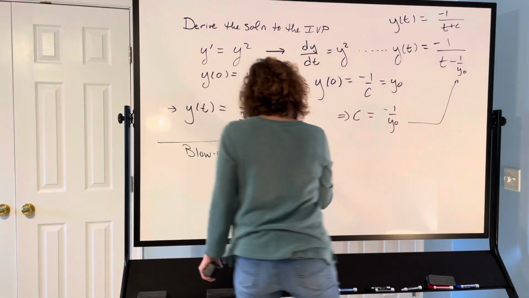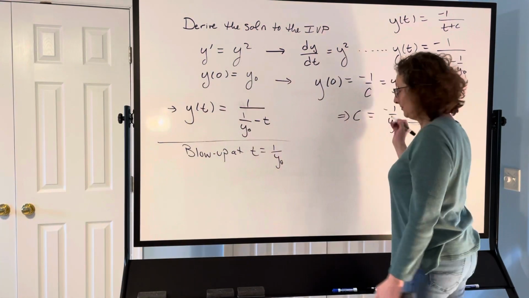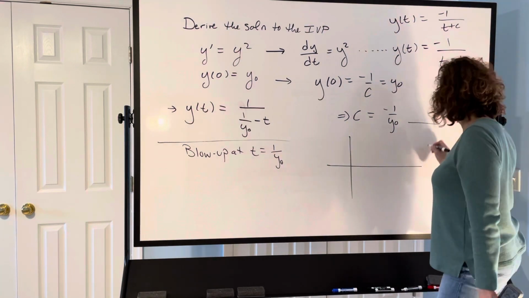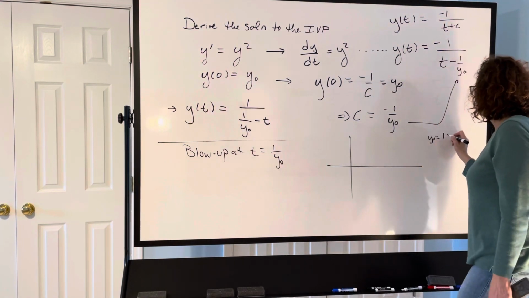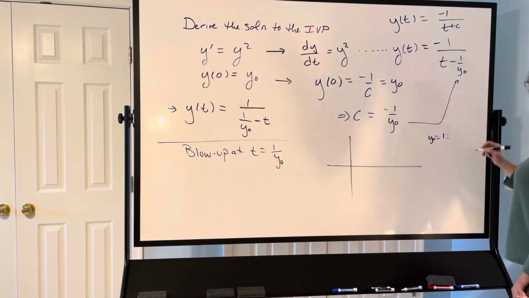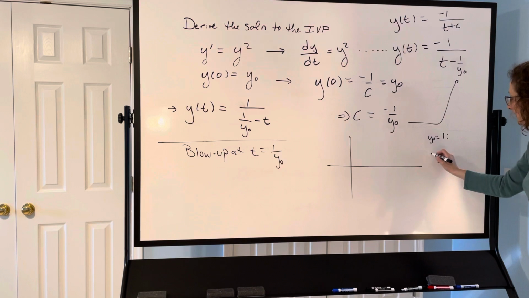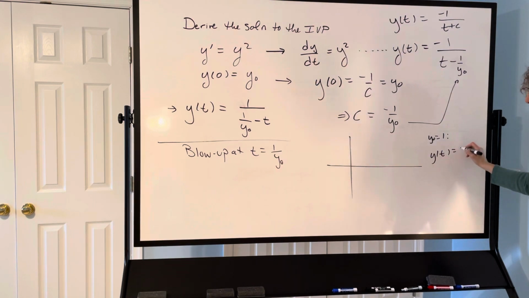So what does that look like? If y naught were equal to 1, so if I'm solving with initial condition y of 0 equal to 1, then what is y of t? y of t is simply 1 over 1 minus t.